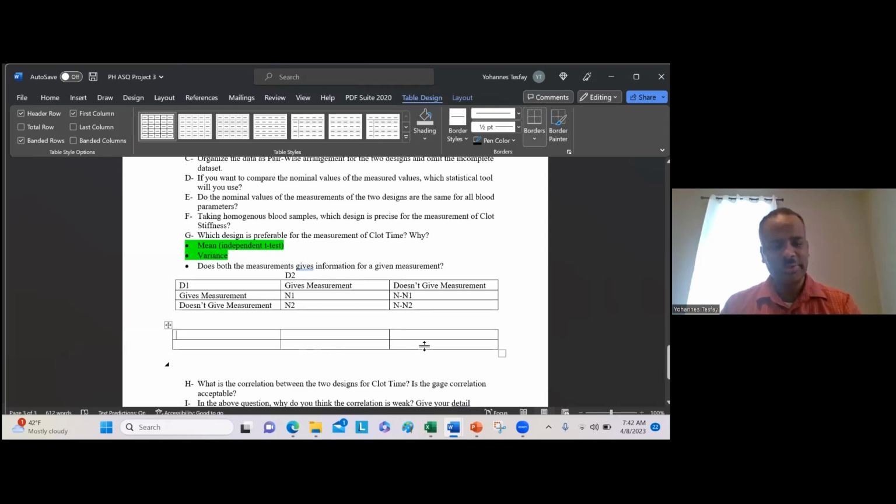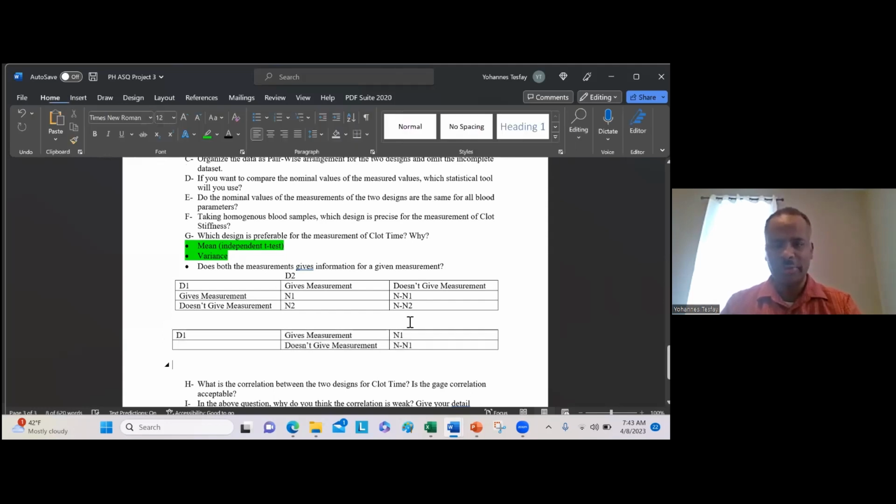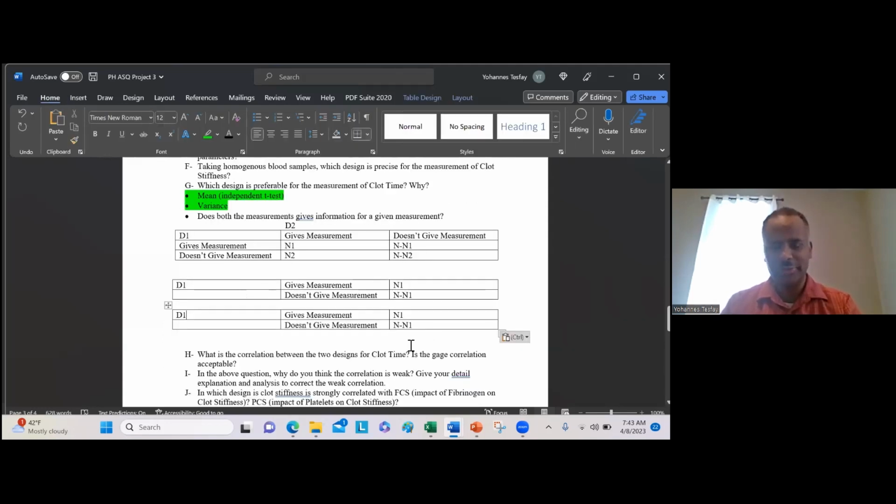This is N1 and total N minus N1. This is for design one, D1. Similarly, for D2, we put N2, and N is common for them.